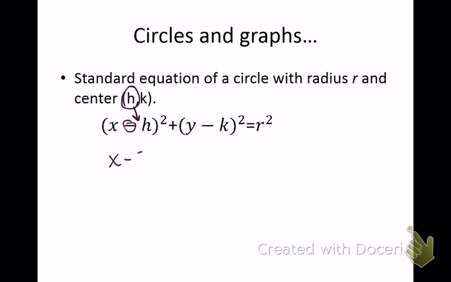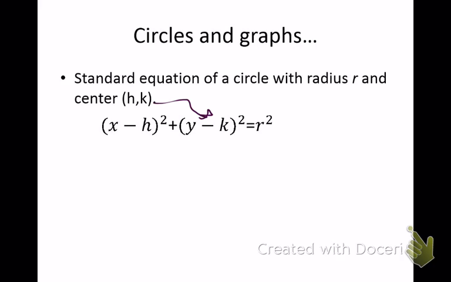If it were positive 2, then the equation would have you doing x minus 2. Where if the x was negative 2, you would get a minus a negative and therefore make this plus. So, in other words, the sign changes from the equation to the coordinate and from the coordinate to the equation. Okay? Same thing for the k.